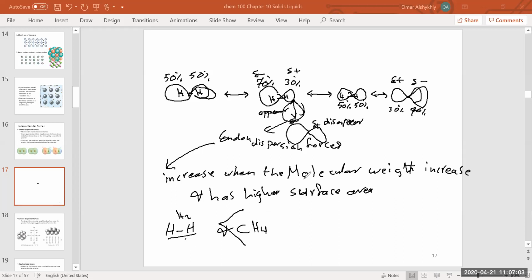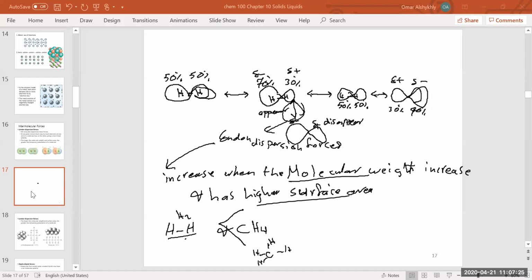Why? Because it has higher molecular weight and higher surface area. Look at the hydrogen, it will be like this, and CH4 will be like this, with higher surface area. And as I said, these forces exist in all molecules.